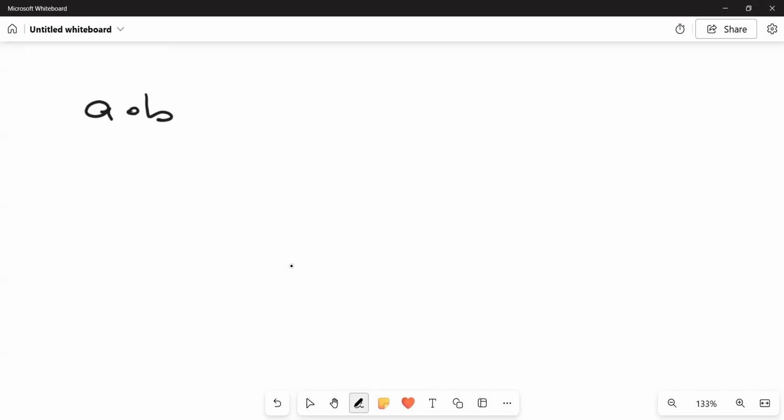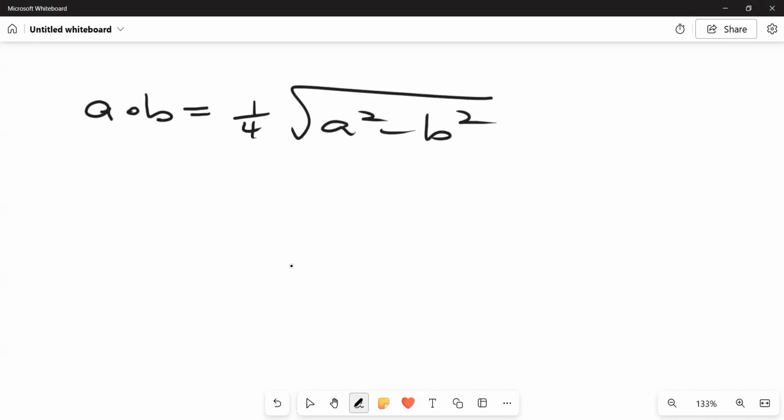the binary of A and B, is equal to a quarter of the square root of A squared minus B squared. So you can have something as horrible as that. The binary between A and B is defined by this.